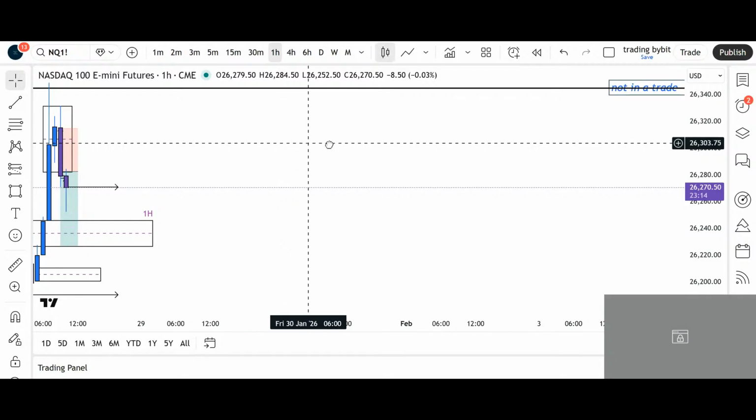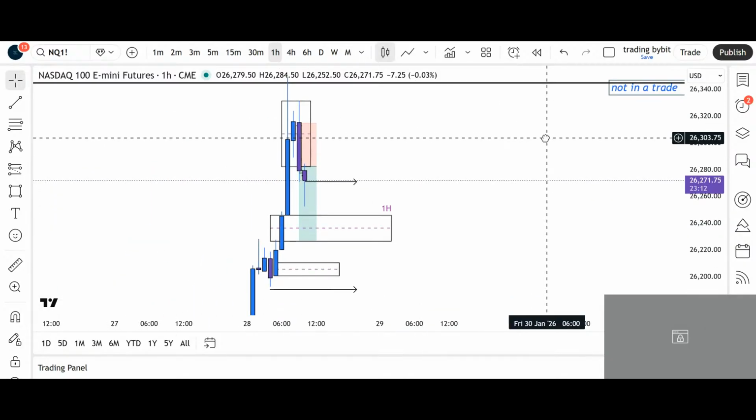So for everybody that ever shorts all-time high, it's always a risky play to do.